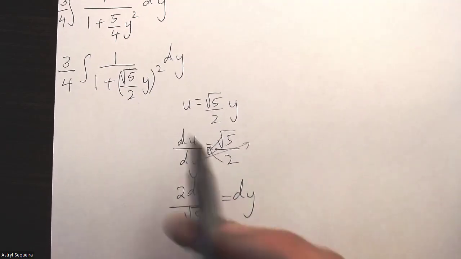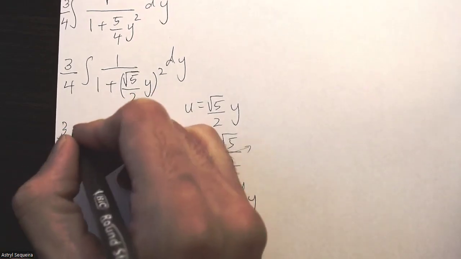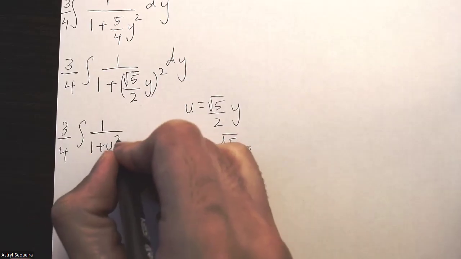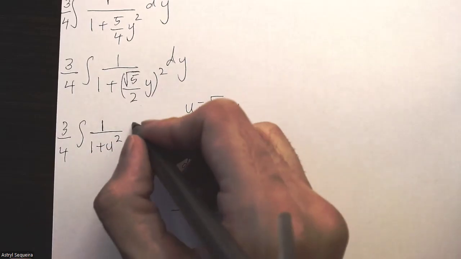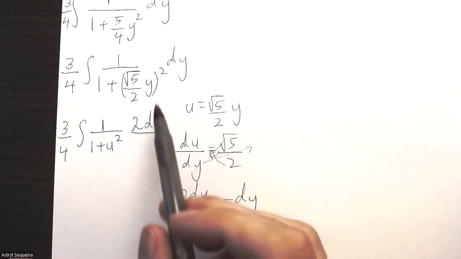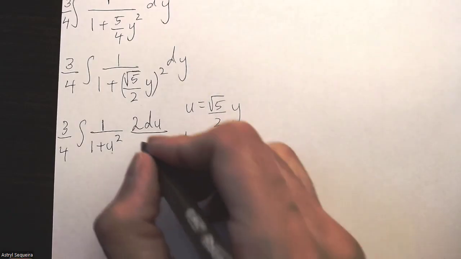Now I'm going to do all my substitutions. Just replaced the bracket over there with u and then the dy with this over here.